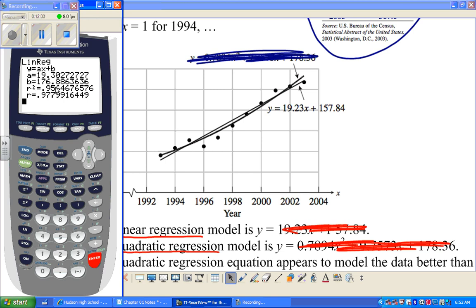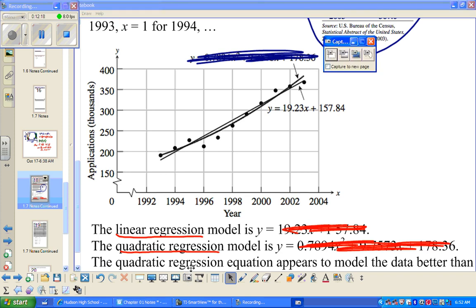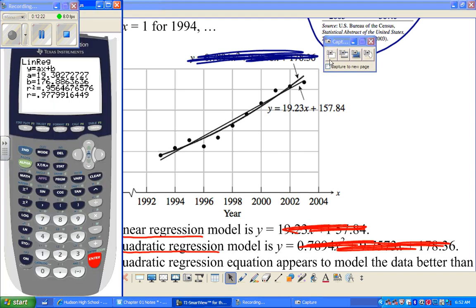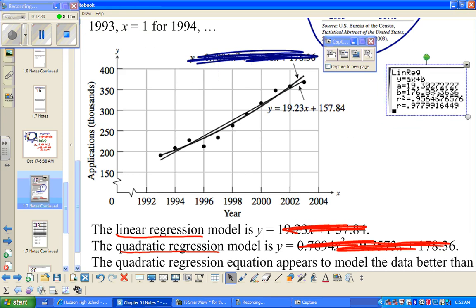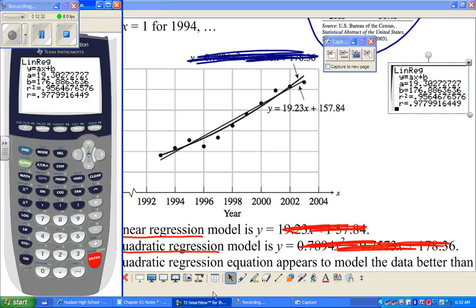The closer that is to 1, the closer that the data relates to the actual function that we're talking about. So I'm going to take a little picture of this so I don't have to copy it down. You would just write that down to compare. So we have that information. That's for the linear regression.